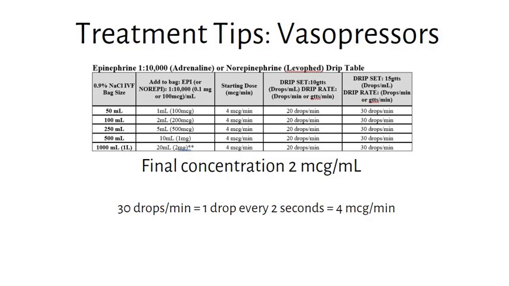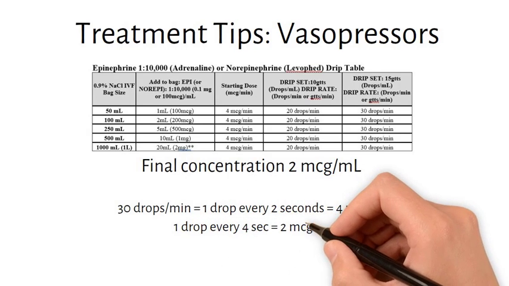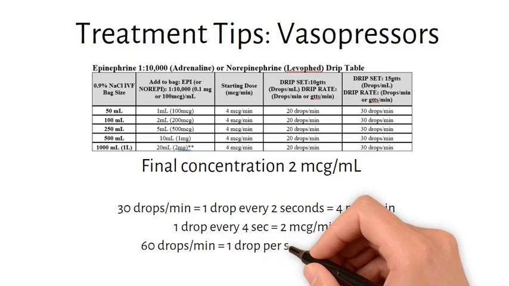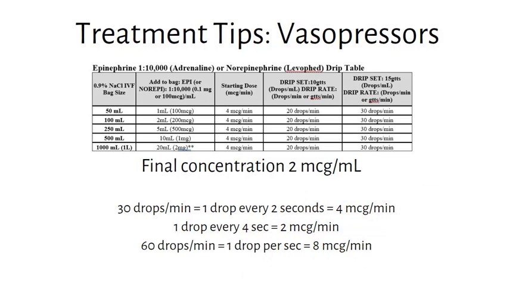For example, slowing the drip rate down to 1 drop every 4 seconds will deliver a dose of 2 micrograms per minute, or dropping the dose in half. Alternatively, speeding up the drip rate to 1 drop every second doubles the dose to deliver 8 micrograms per minute. And further increasing the drip rate to 5 drops per second increases the dose to 40 micrograms per minute.